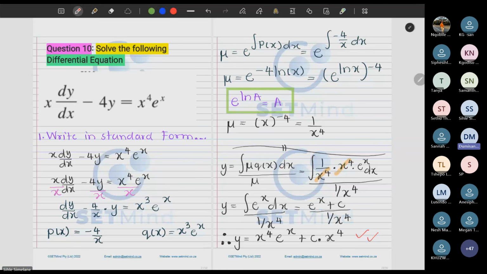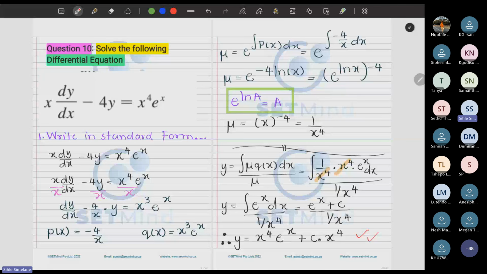When you substituted Q of X into the integral. When I substituted into the integral, what mistake is there? Q of X should be X cubed and not X to the exponent of 4.